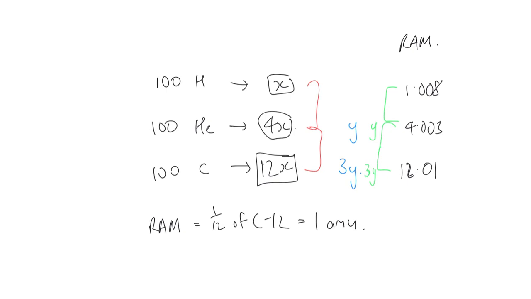Then what they said is, okay, let's just make this easy. Let's just say I have 1.008 grams, 4.003 grams, or 12.01 grams of a substance. I should have the same number of atoms of each of those. Let's go over that idea again.